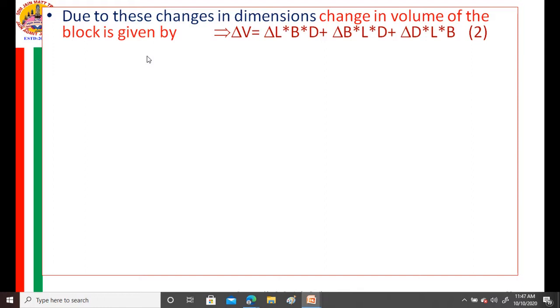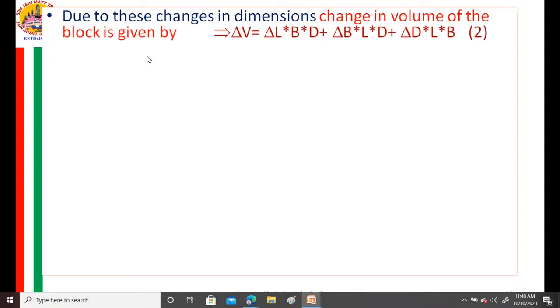Like, if the area is constant and the length is increased by 2 mm, what will be the change in volume? Can you guess what it is? Area multiplied by 2 mm, that means BD multiplied by del L, will be the change in volume because of the change in length. Like that, we take L and D constant and assume B is changing.